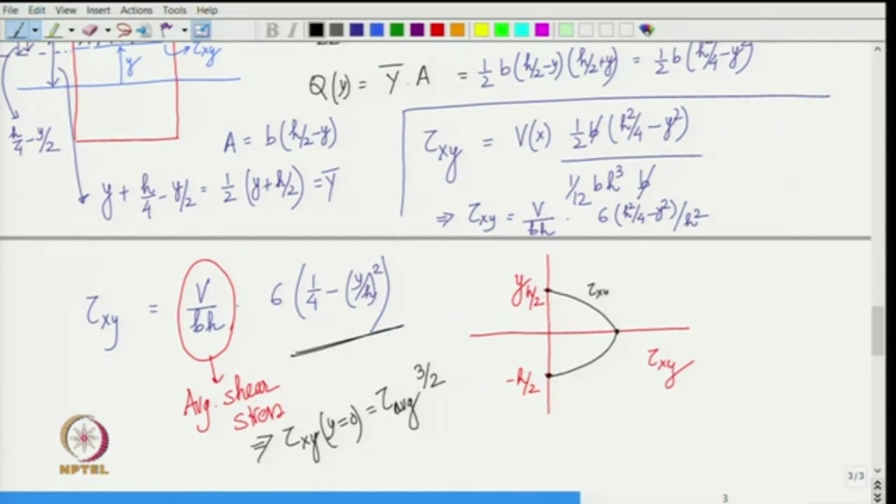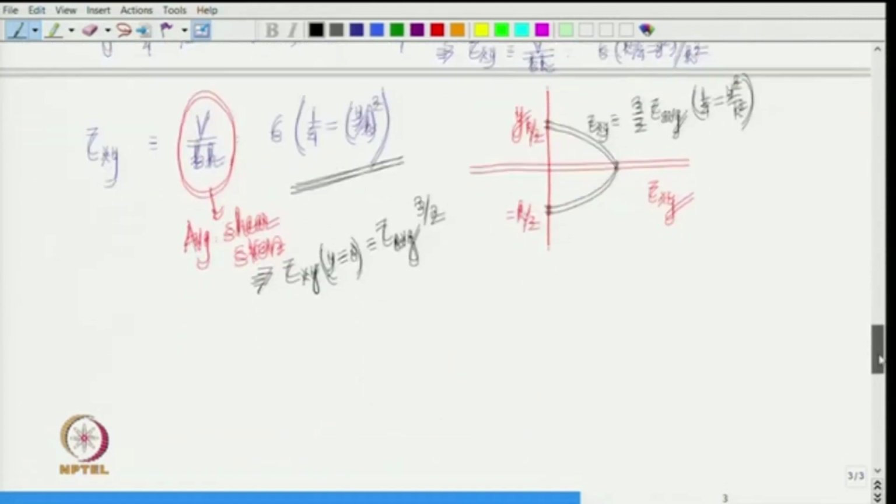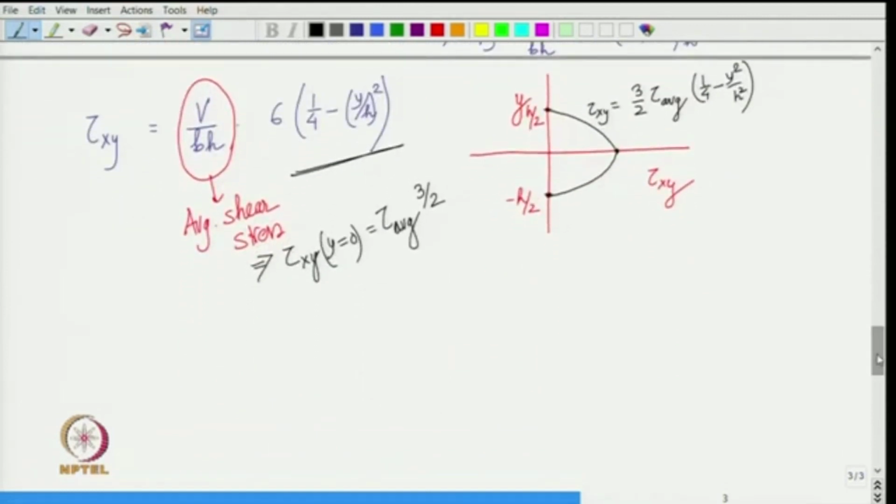So, this is tau x y equal to 3 by 2 times tau average into 1 by 4 minus y square by h square. All right. Okay. So, interesting result, is not it? Although we have some shear force in the cross section, the shear stress is not constant.